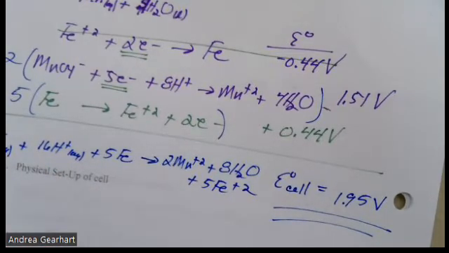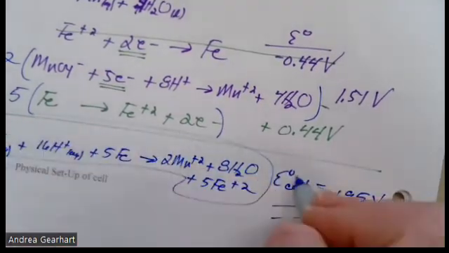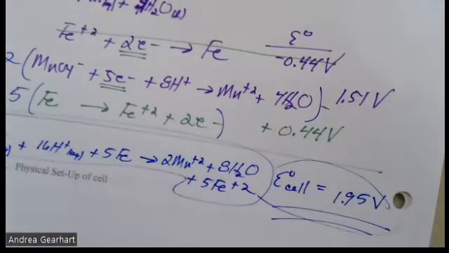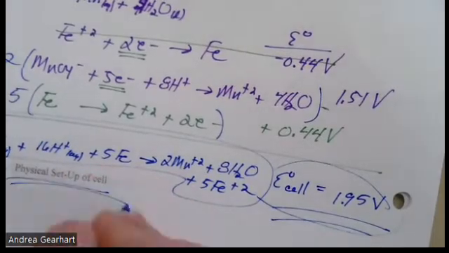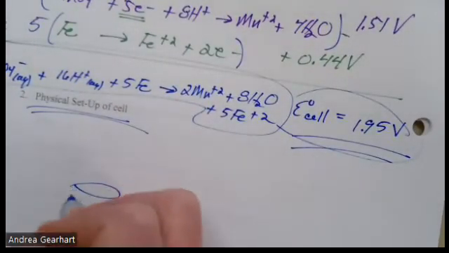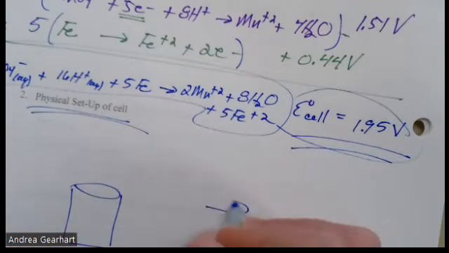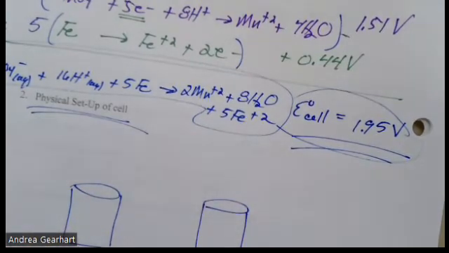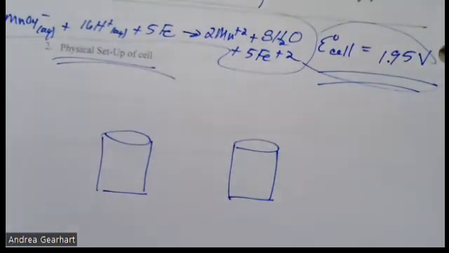There we go, we're balanced. Okay, so we have our balanced equation and the E of our cell. Okay, next, the drawing. So we know we're gonna have each half cell separated, and we can just go ahead and claim they're gonna be in separate containers or beakers.